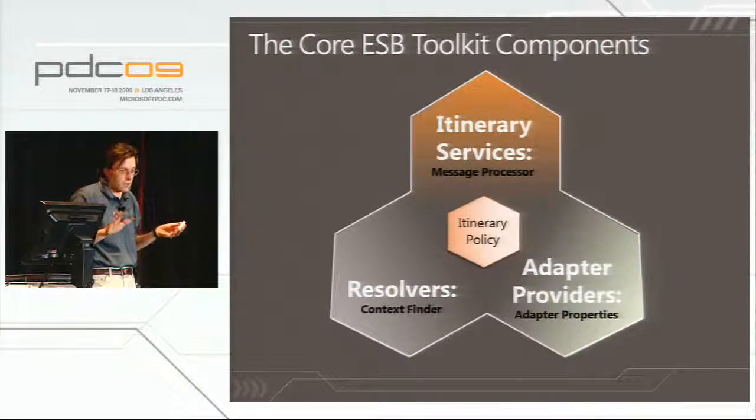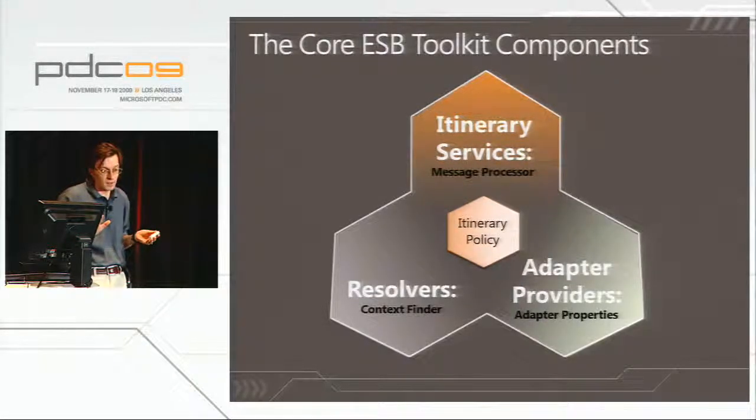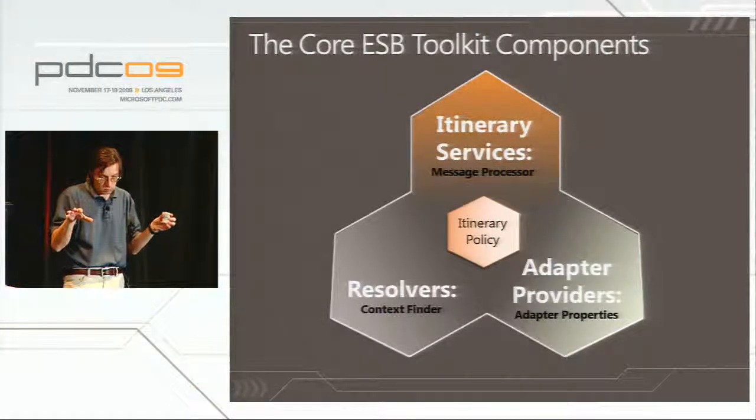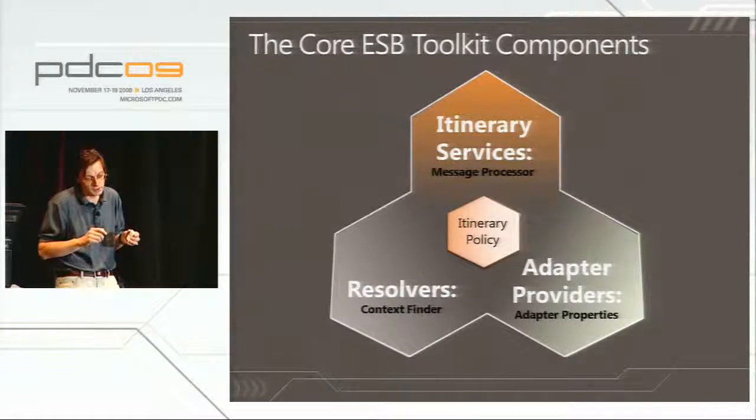If we forget about the previous slide, what is the Toolkit all about? It is all about specifying a policy that allows you to glue together silo components, which we call itinerary services.